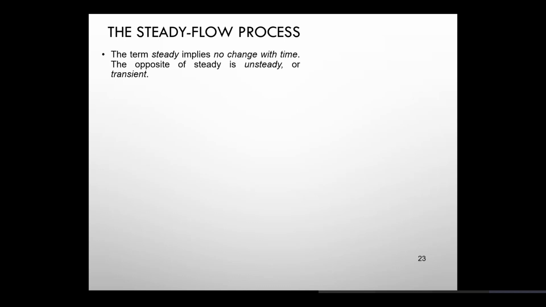But the term steady means that whatever the characteristics of the system, whether it is pressure, temperature, density, mass, energy, they are not changing with respect to time. Steady means that the characteristics of the system or of any object are not changing with respect to time. So steady is always associated with time.